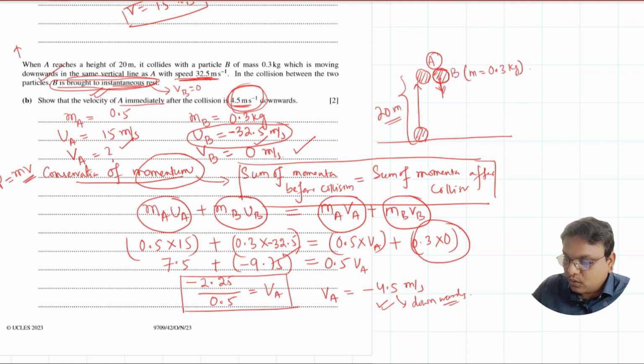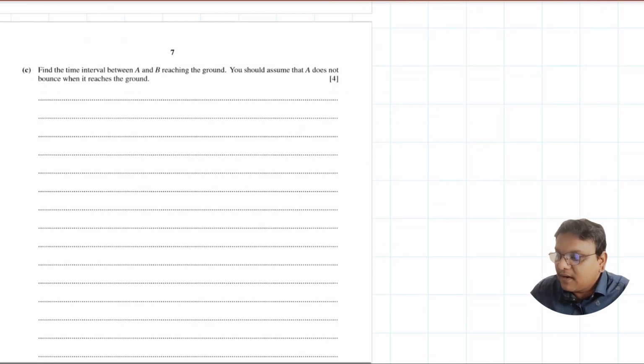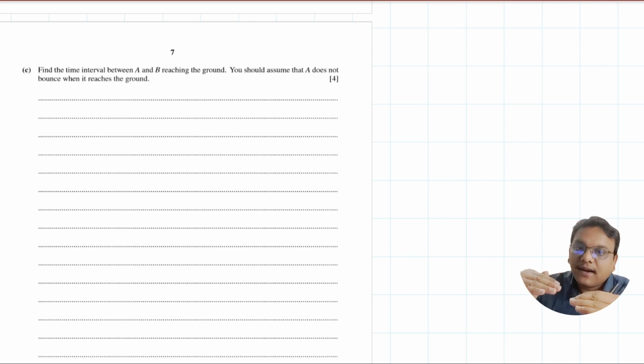So, moving to the next part of the question, please. It is given: find the time interval between A and B reaching the ground. You should assume that A doesn't bounce when it reaches the ground. That means we had two particles, A and B, and both reach the ground, but the question is at what time interval.